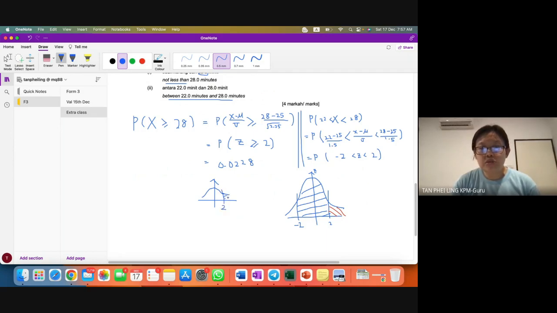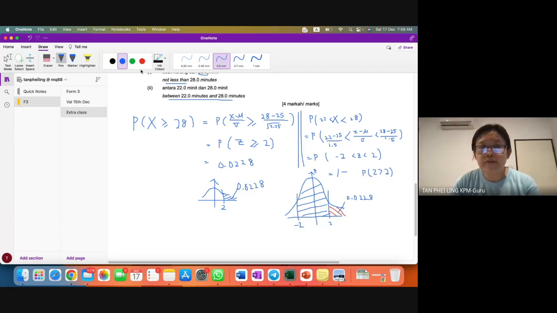The reading here, the probability, is actually from this area, which is 0.0228. So now this blue one is equivalent to the red one, which is 0.0228. So in order to find out this shaded region that we want, you need to take the whole thing, which is 1, and minus out this part, which is the probability of Z score more than 2. Agree? Z score more than 2 will give you this part, and you will minus out this one.